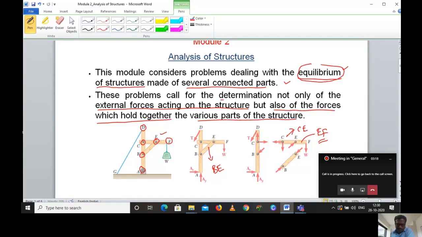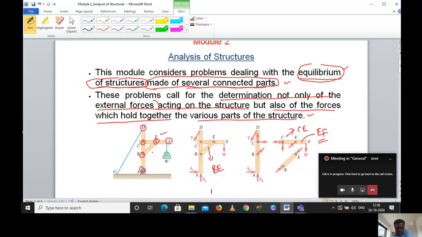That is very important. The structure is made up of several connected parts. So these problems call for the determination not only of the external forces acting, but also of the forces which hold together the various parts of the structure.